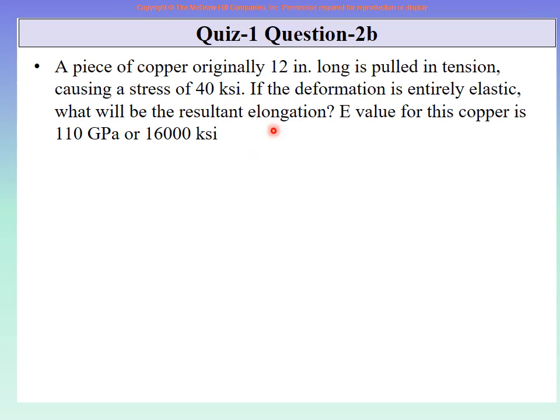Now, if it is elastic, then what is the relationship of stress and strain in the elastic region? Sigma is equal to E epsilon. Sigma is the stress, E is the elastic modulus, epsilon is the strain. So you can find the strain, and the definition of strain is delta L upon L naught. So delta L is the elongation, and you can then find it.